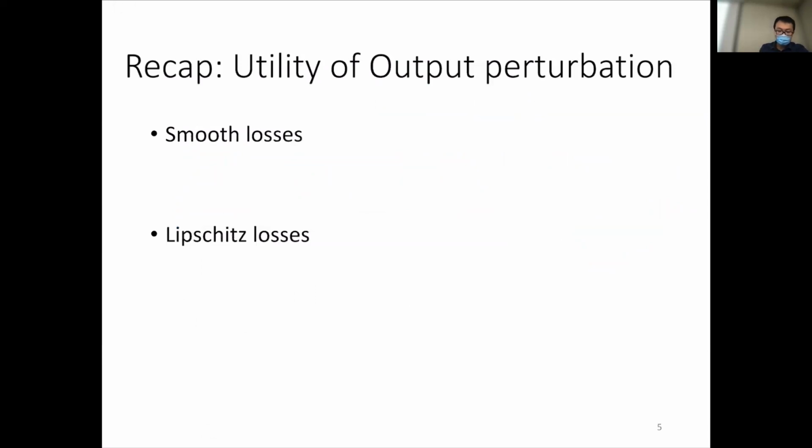So under smooth loss, let's assume that these loss functions are beta smooth. So what we can do is to simply make use of the property of this loss function being smooth. So let's just do this Taylor expansion and apply the definition of beta smoothness and plug in theta hat p, which is the solution that we get through the output perturbation, and then on the right-hand side, we're going to use the optimal solution of the regularized objective function.